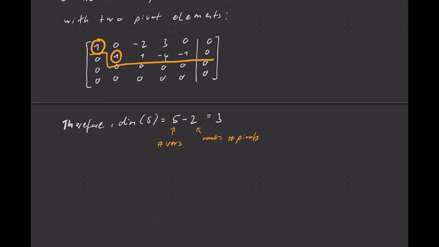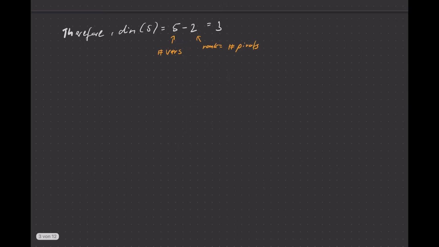Of course, the question is now we'd like to obtain a basis for that solution space. And how do we go about that? Basically what we have to do is we have to solve the system and then represent the solution in a suitable way.